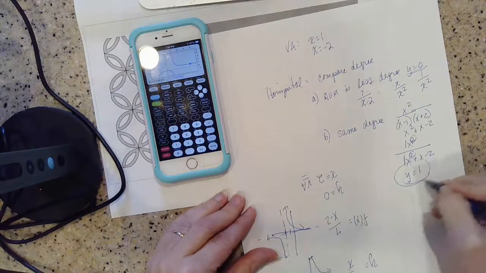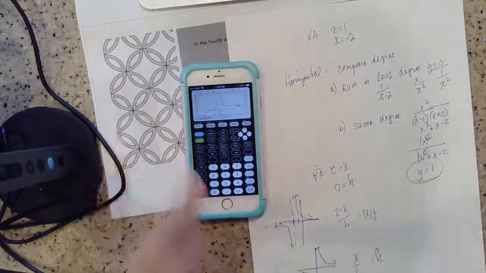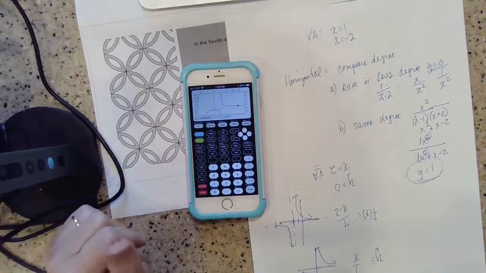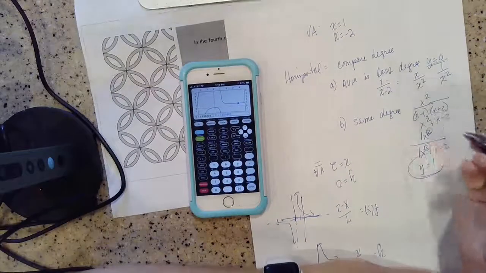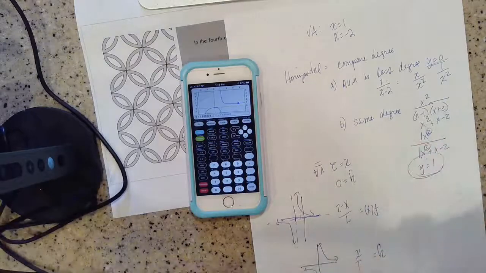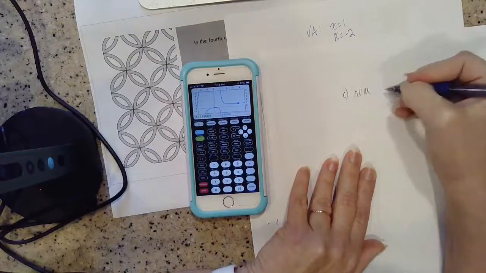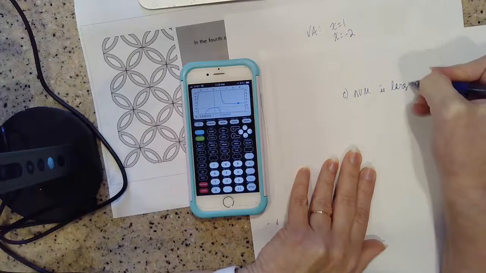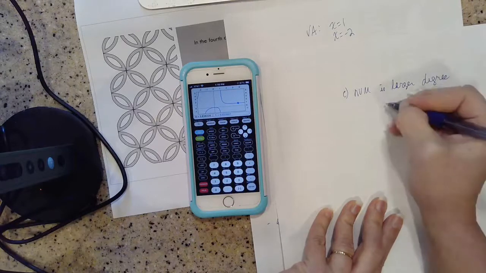While we're at it, let's talk about the third rule. What if the numerator has a larger degree? I'm not going to have time on this video to do it, but let's say we had x squared plus x plus 1 over x minus 3. We have a larger degree than the bottom. If it's larger by 1 degree than the denominator, we do synthetic division.